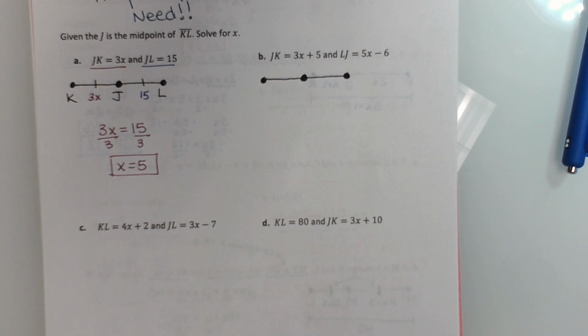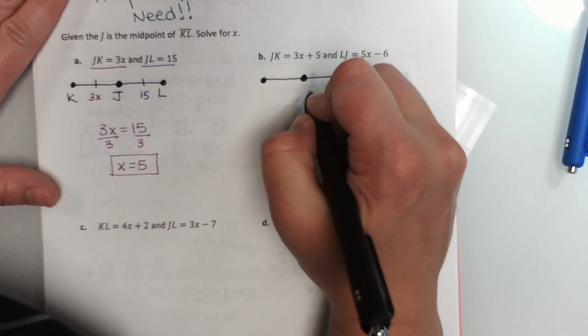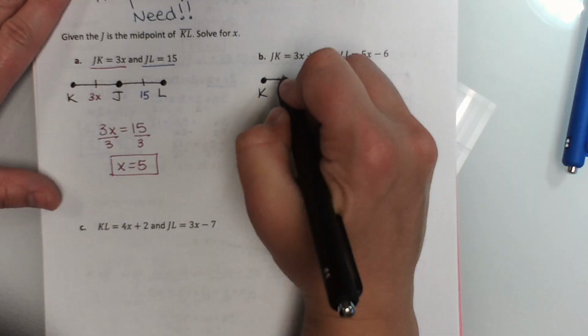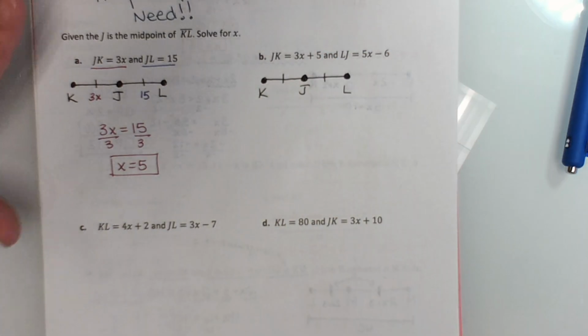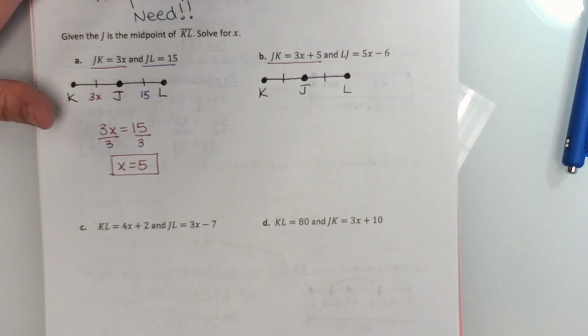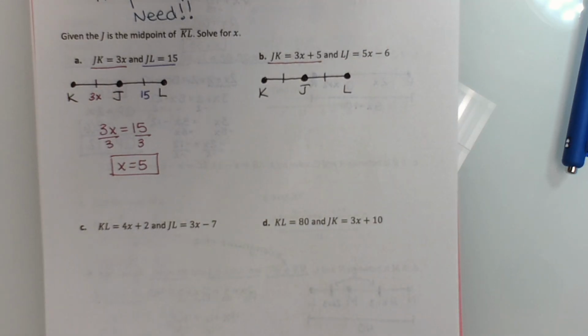Same set of instructions were for B. So J is between K and L. These are congruent because it didn't actually say between, it said midpoint. JK is 3x plus 5. Is JK the left, the right, or all the way across?